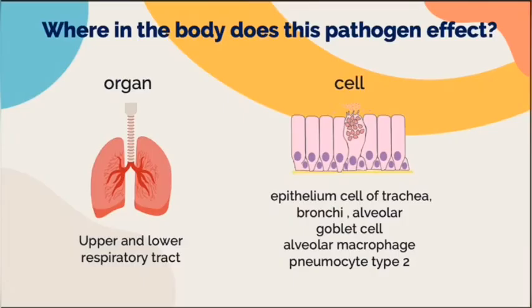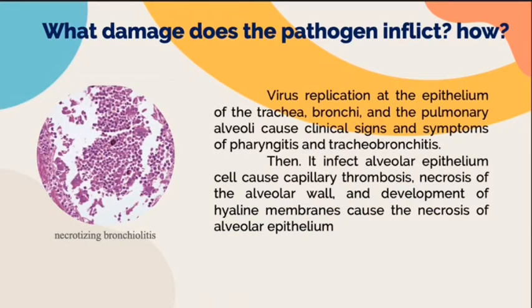For the pathology, influenza A infects cells in the upper and lower respiratory tract, such as epithelial cells of the trachea and bronchi, alveolar epithelium, goblet cells, alveolar macrophages, and pneumocystis type 2. About the damage, this virus replicates at the epithelium of the trachea, bronchi, and pulmonary alveoli, causing clinical signs and symptoms of pharyngitis and tracheobronchitis.